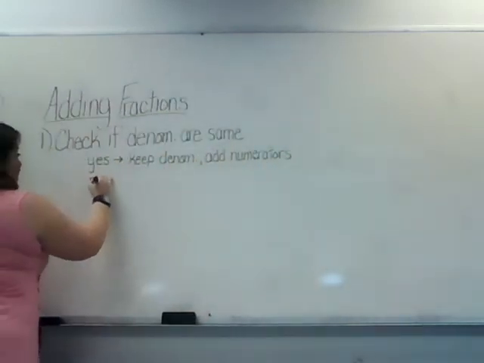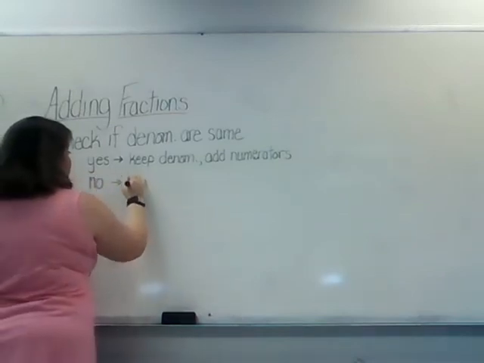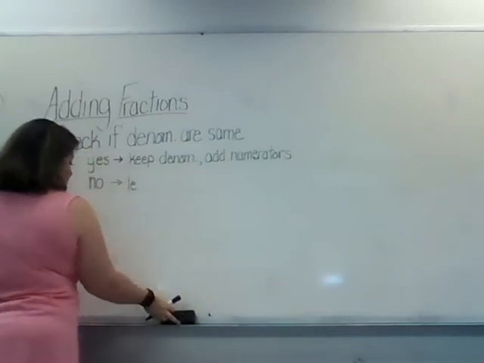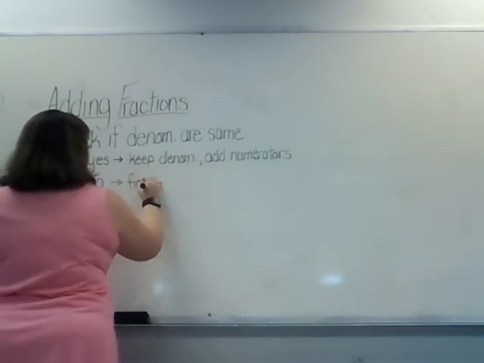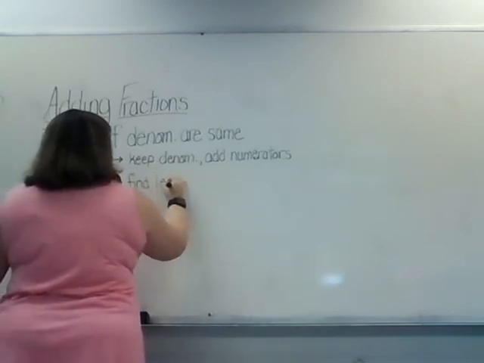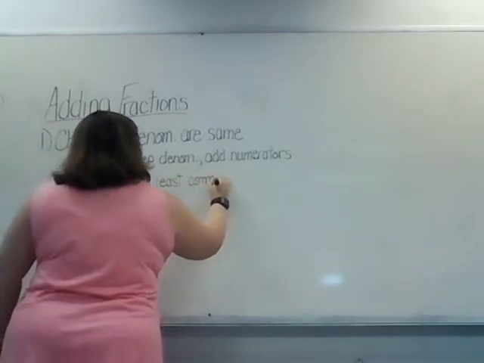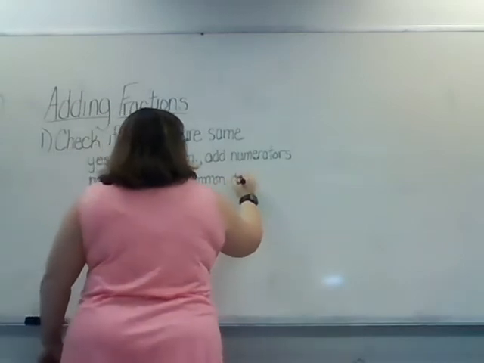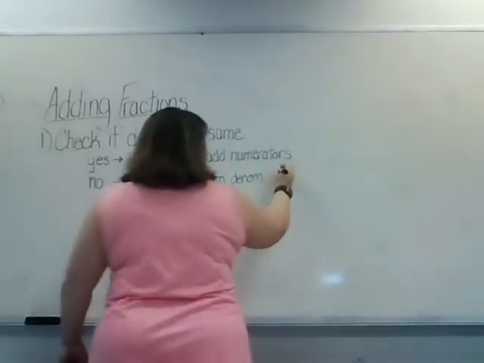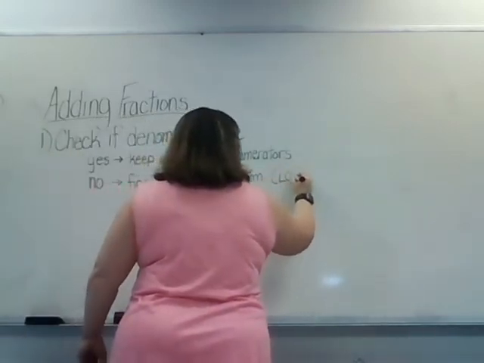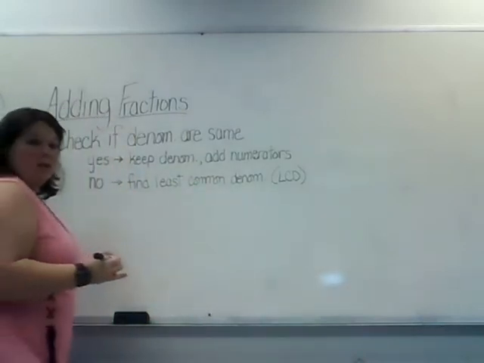If they're not, then we have to find something called the least common denominator. This is also abbreviated LCD. So we find the least common denominator.